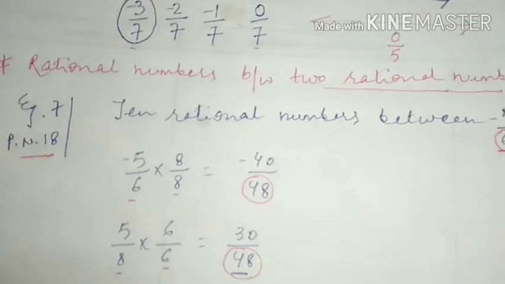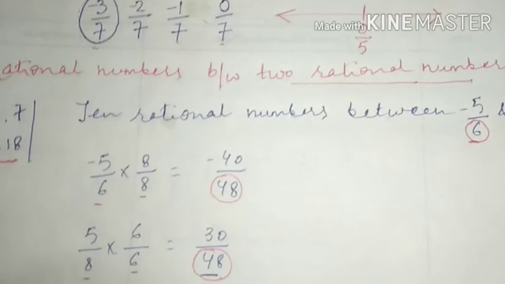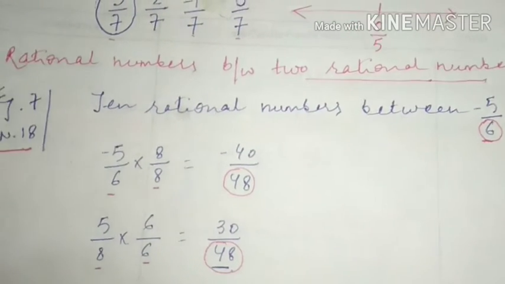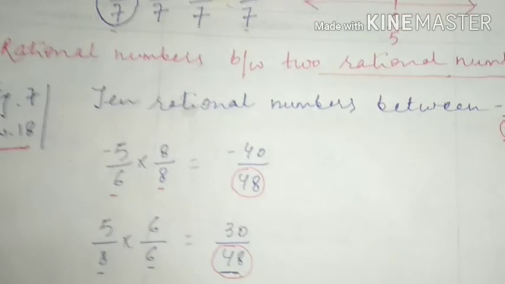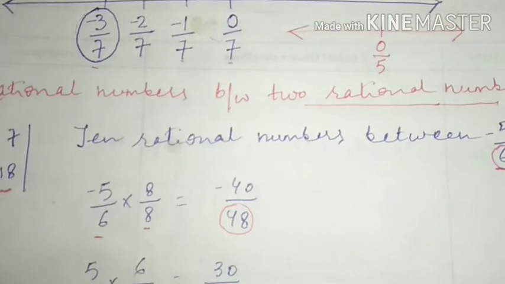So that is why it could be balanced now. So we get 48 over here in the denominator, and in the numerator we get 30.